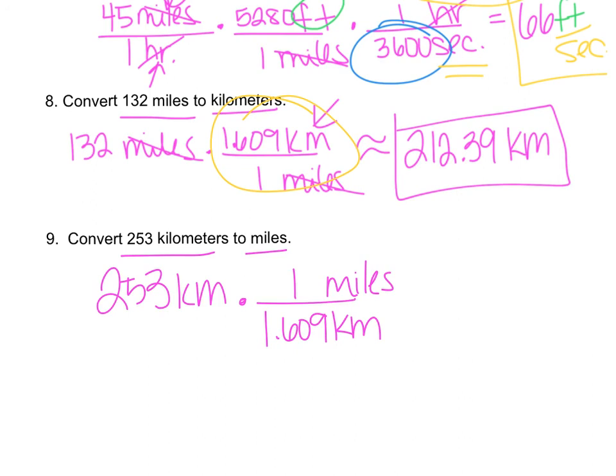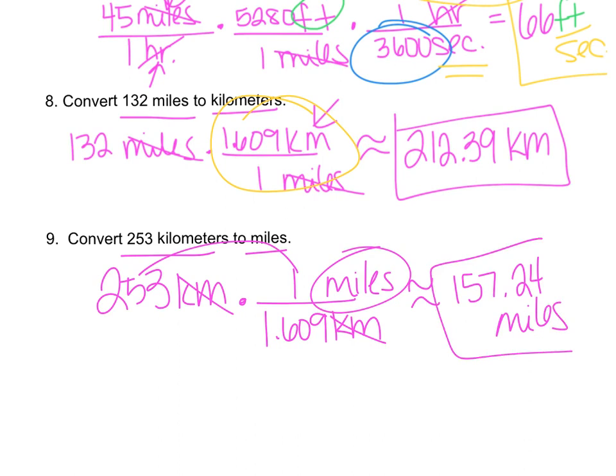Which means in order to solve this one, that would just give you 253 on top. You would have to divide it by the 1.609. Again, we're going to have to round. That should give you 157.24. Your kilometers cancels. You're left with miles.